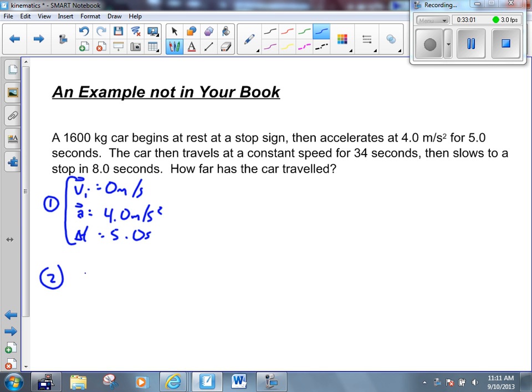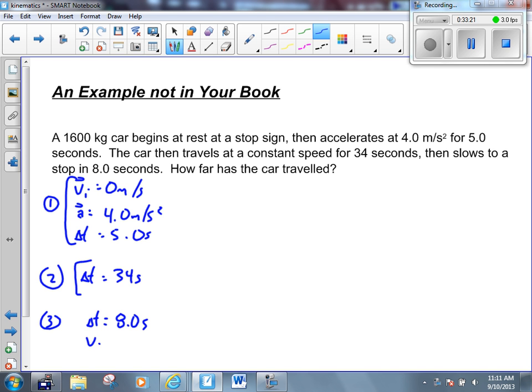It's accelerating for 5 seconds, and then, okay, the word then is important, and then it does something else. Then it travels at a constant speed for 34 seconds. At what constant speed? We don't know. Not yet, anyways. And then it comes to a stop in 8 seconds. So we're going to say in stage 3, something else happens in 8 seconds.